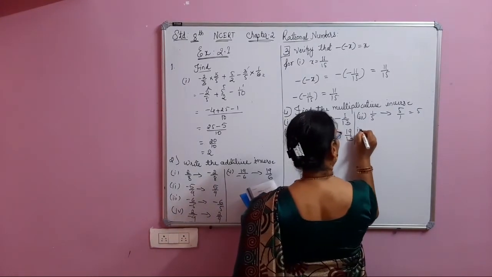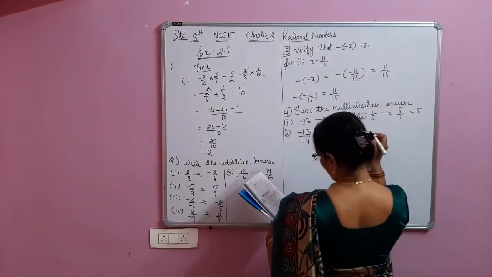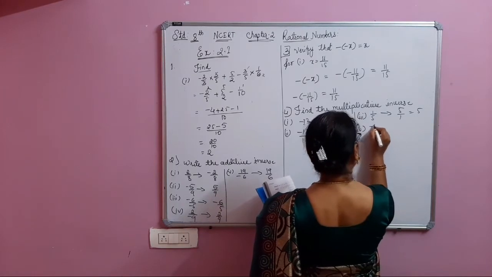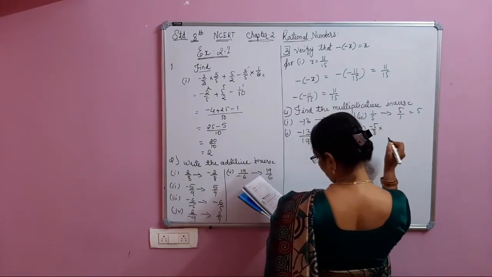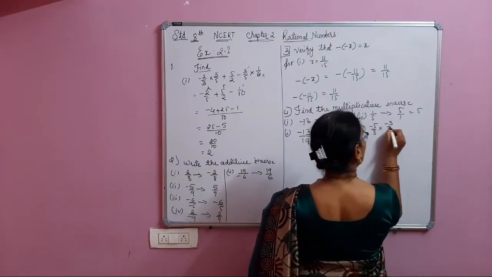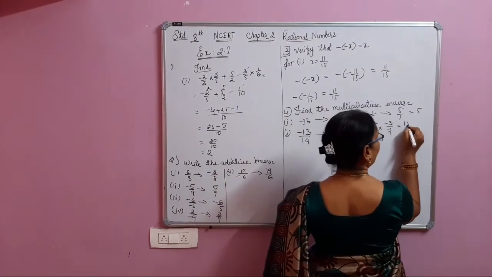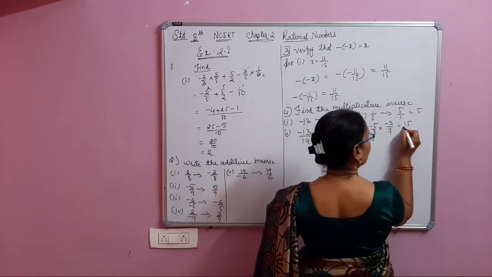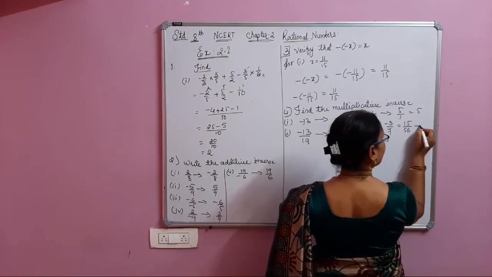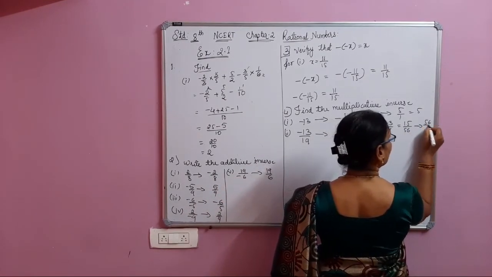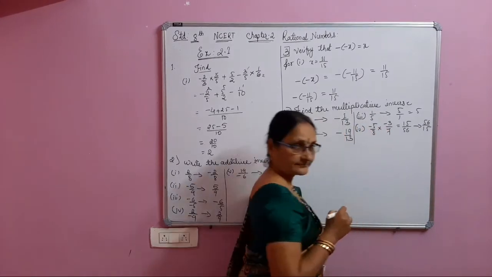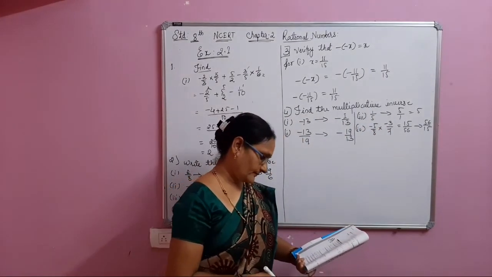Next, the fourth one, minus 5 by 8 into minus 3 by 7. See how to do: minus into minus is plus, 5 3s are 15, 7 8s are 56. Then its reciprocal is 56 by 15. Like this you have to do.